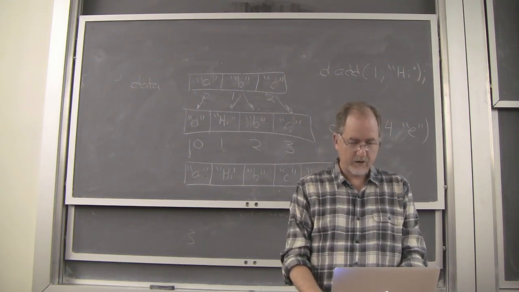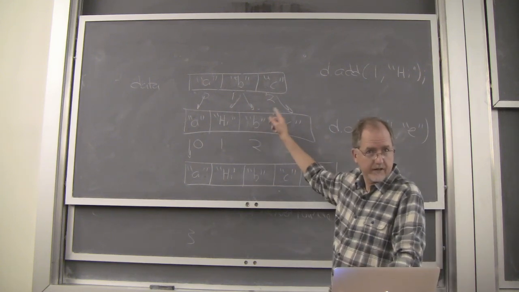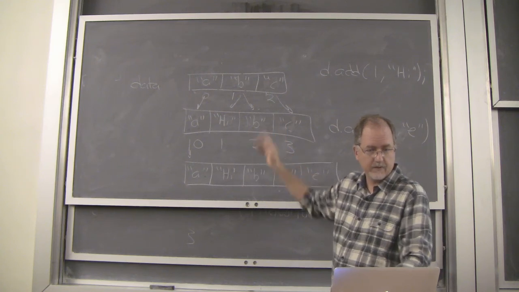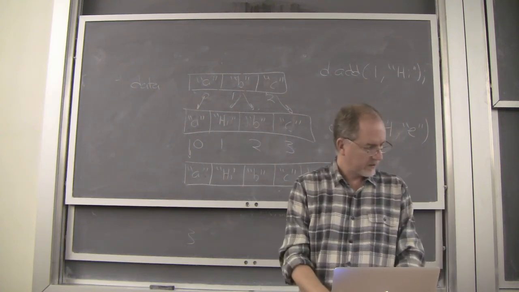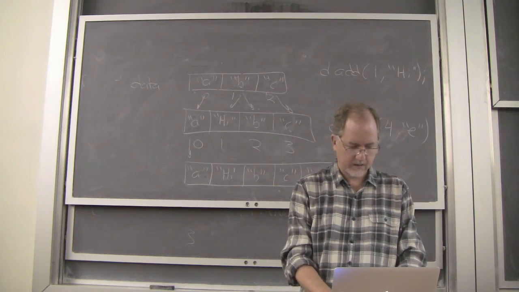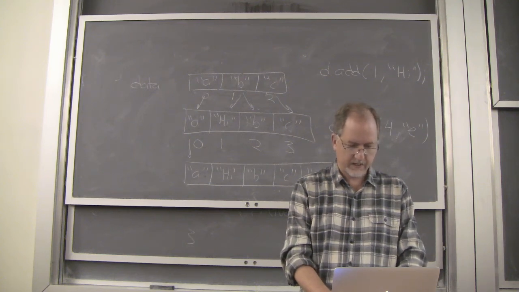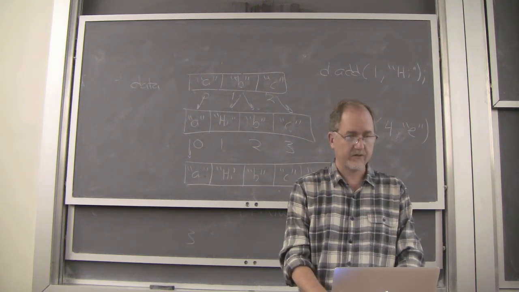Okay, so let's write our add code. The steps are: make a new array that's bigger and copy stuff over where it needs to go. So let's make a new array. A String array, newData, and that's going to be a new string array of what size?